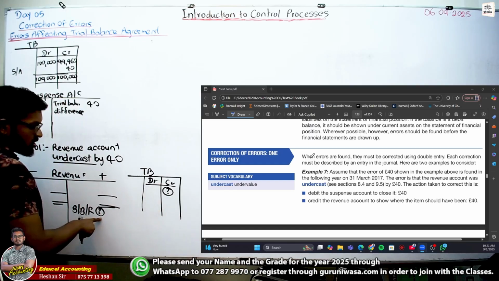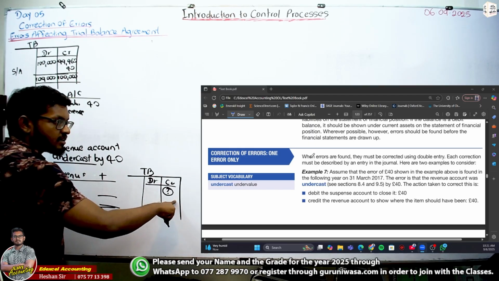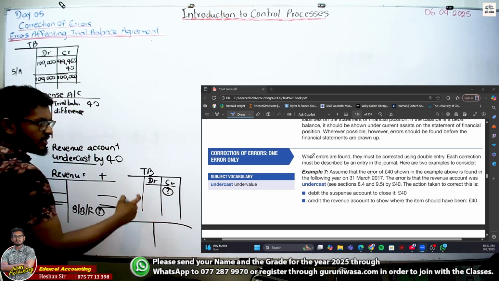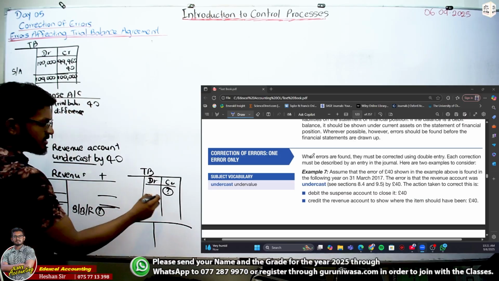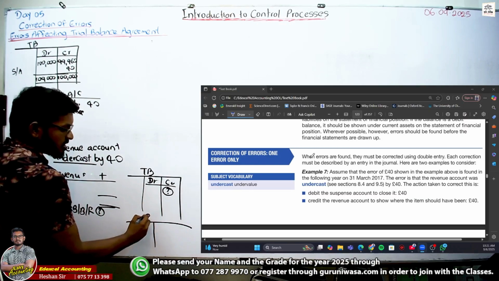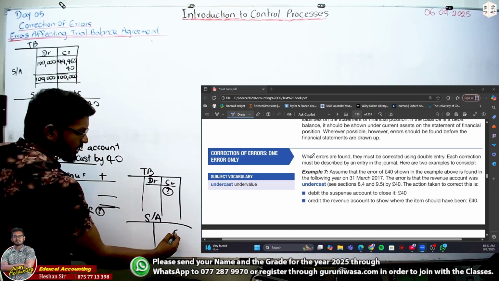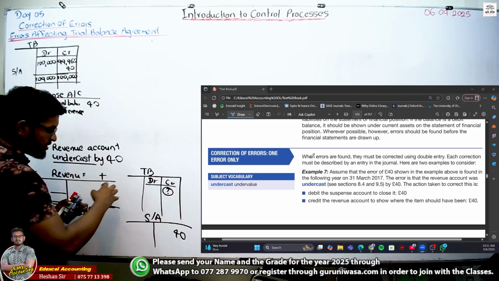The actual amount is 740, we recorded 700, so this also comes as 700. This should be recorded as 740. Because of this, we need to check every individual error. The trial balance does not tally. There's a deficit of 40 on the credit side. So we write 40 and we take it to here.